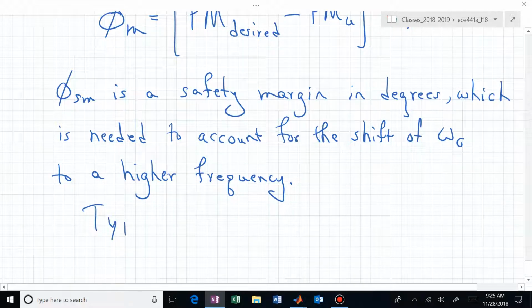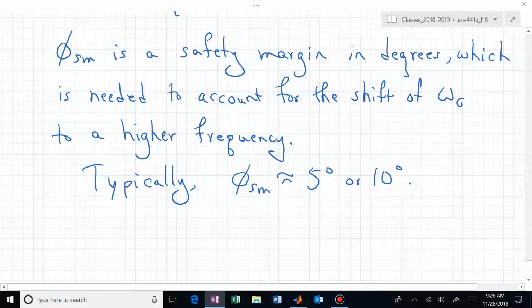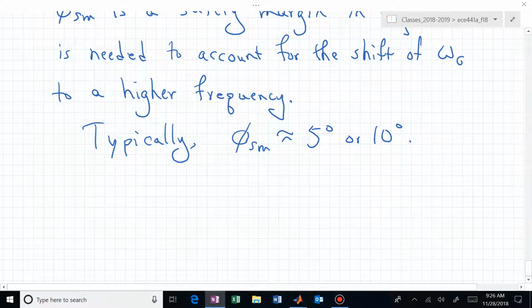And typically you can just assume that phi sub Sm is 5 degrees or 10 degrees. It really depends on how fast your phase curve is moving near your new gain crossover frequency.